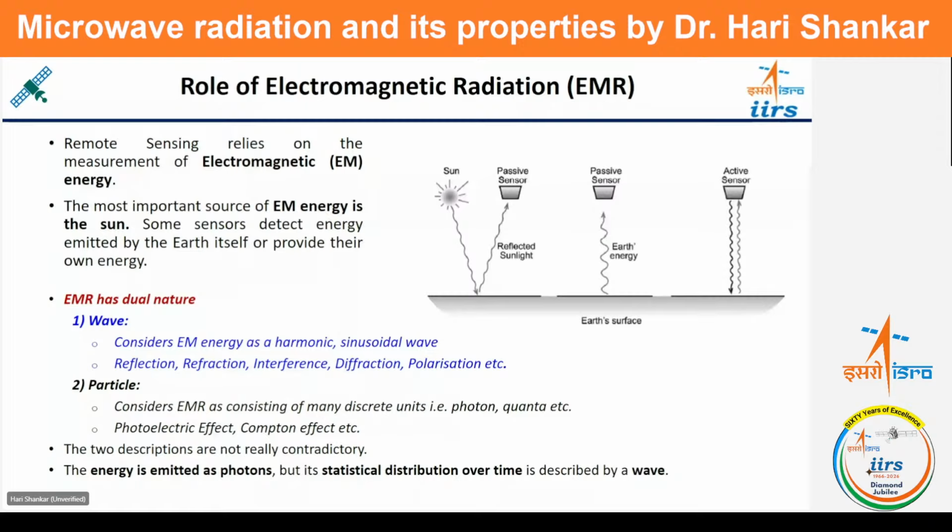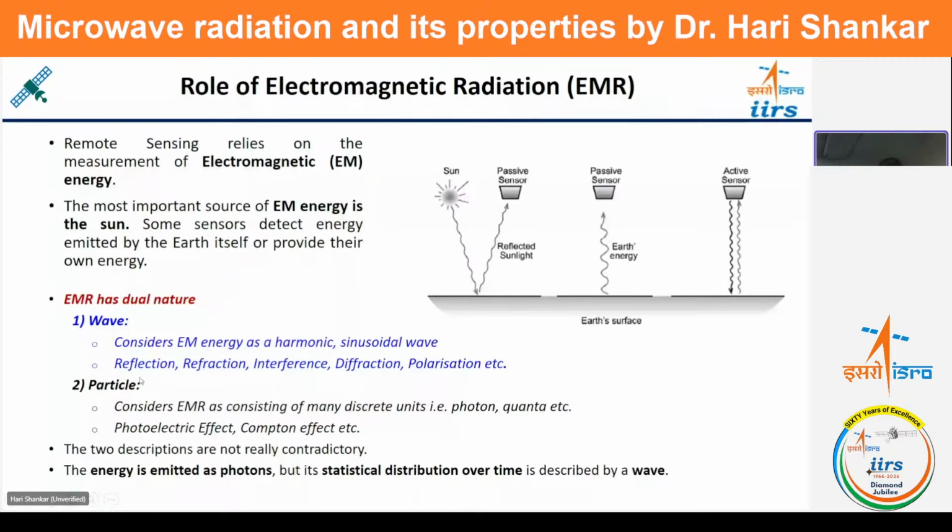That resultant, or you can say the combined intensity, we are going to study, and based on that many things we can extract. So this particular course is based on the interference process. That's why the name of the course is Interferometric Remote Sensing. Okay. So the interference we will discuss in detail.